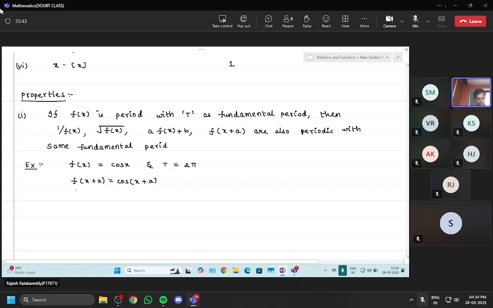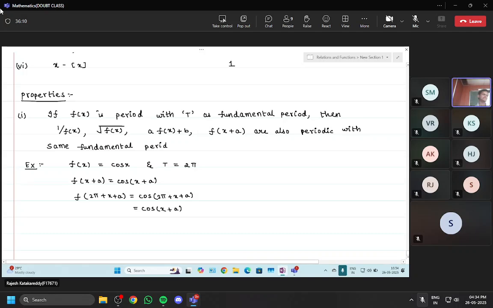Now if I am doing f of 2 pi plus x plus a, this will equal cos of 2 pi plus x plus a. This entirely you consider as theta. Cos of 2 pi plus theta, you will get cos theta.